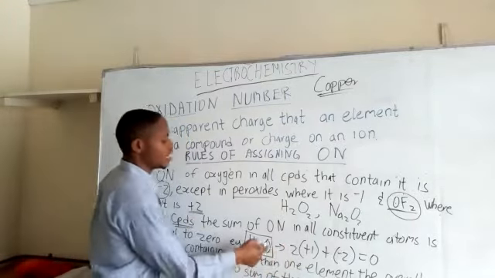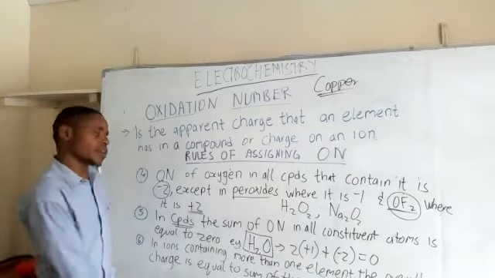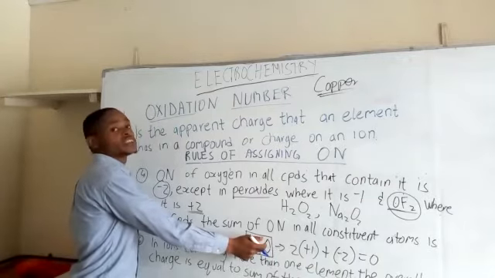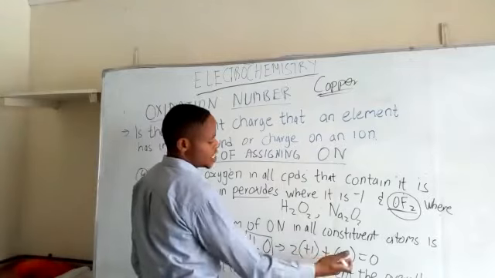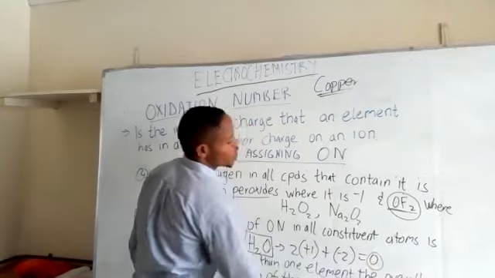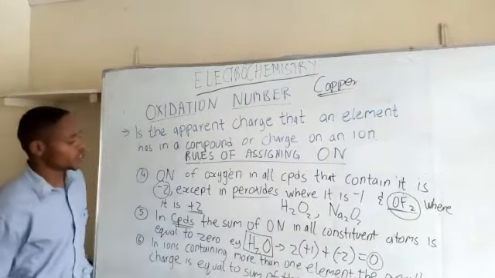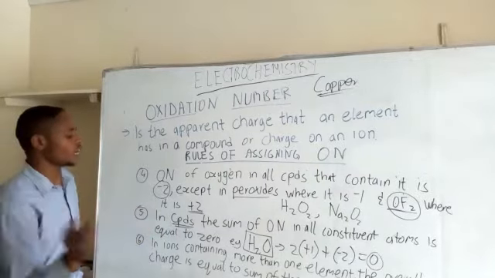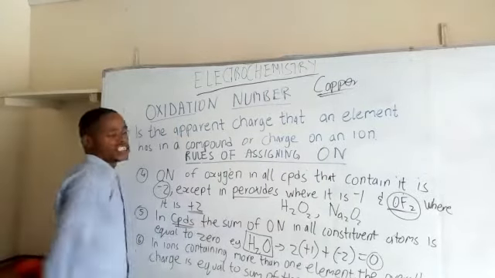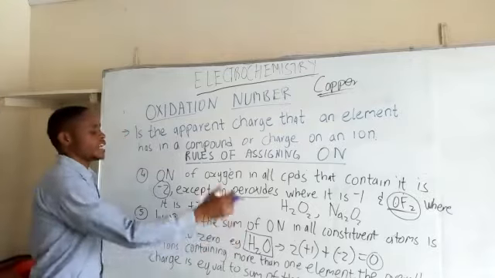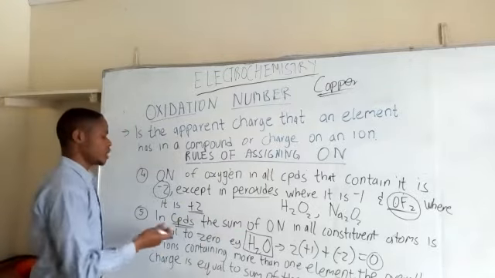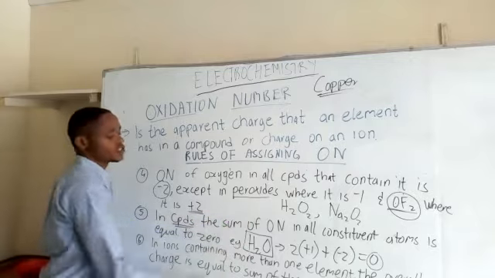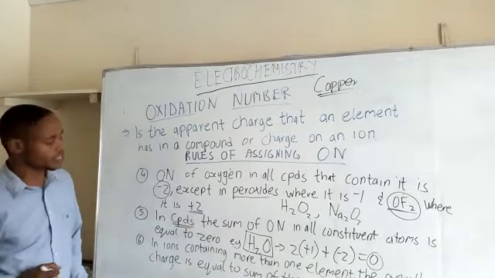Then oxygen, in this case, is going to have an oxidation number of -2. So when you add this, it gives you 0. So for compounds which have no charge, they're not radicals, you can get the oxidation number of that compound by adding the oxidation numbers of the constituent elements.